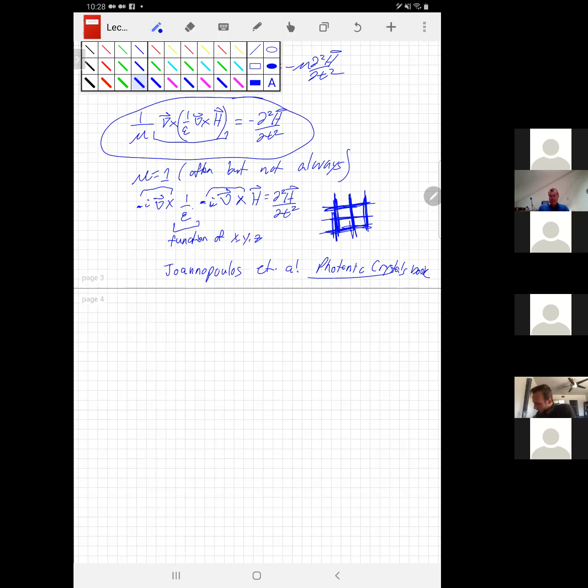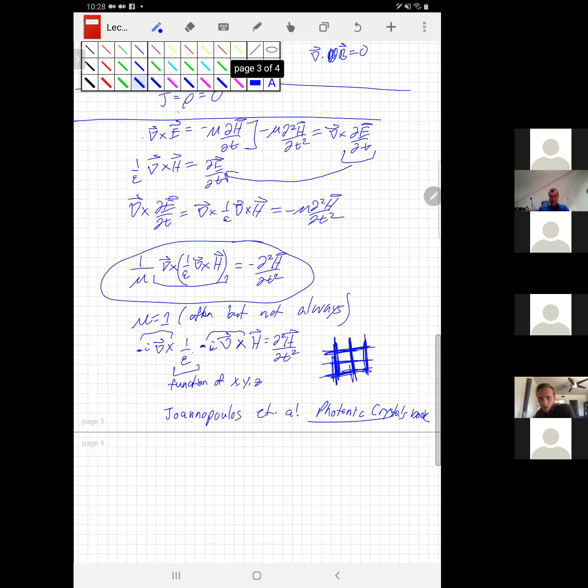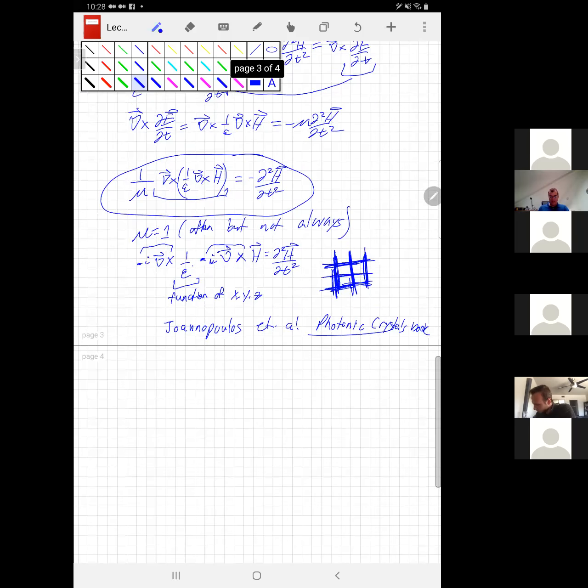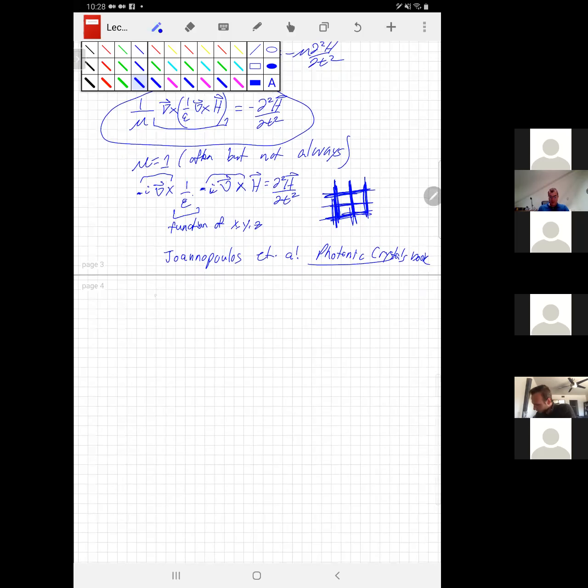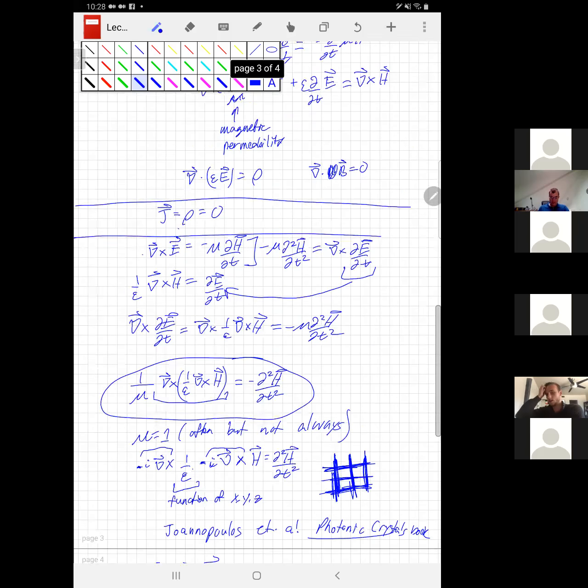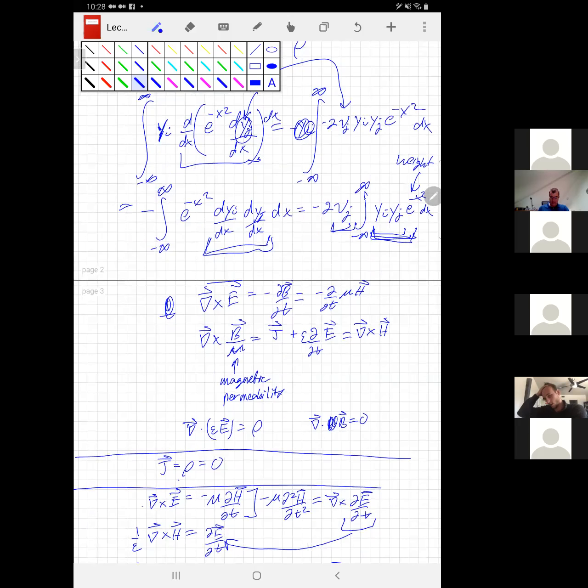Okay. And they contrasted this with the way that we had usually been taught to write down Maxwell's equations, which was to turn Maxwell's equations into the wave equation, which was to do del cross E, starting up here.